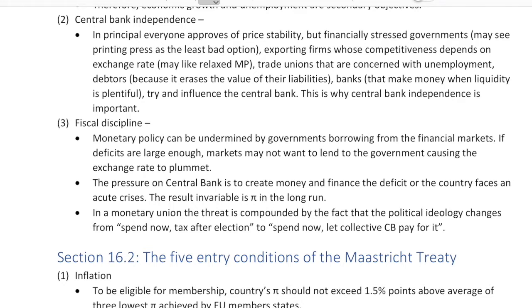So if deficits are large enough, towards the end, global financial markets may not want to lend to that specific government, which would then cause exchange rates to crash, right? And that was something we saw during the financial crisis, when the Greek government tried to borrow money.